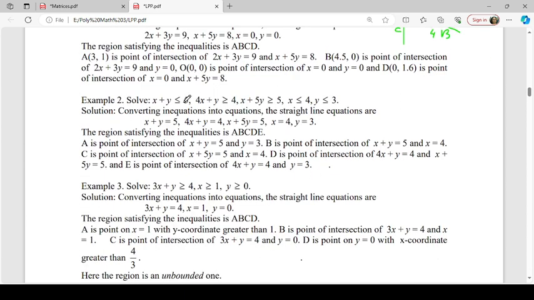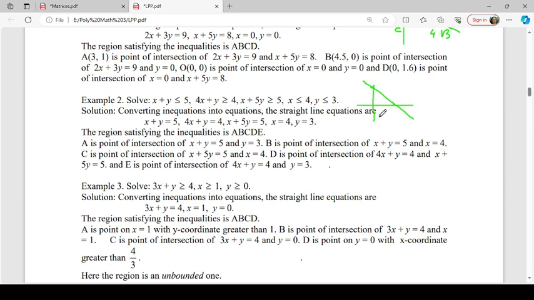Then this is also another thing: x plus y. So we draw the regions, x plus y less than 5. Say this is 5. So this is one line, this is the region here.